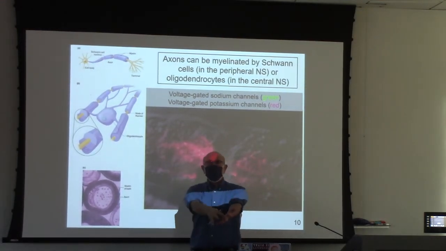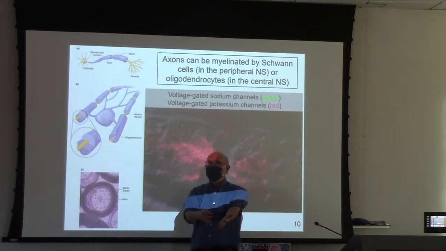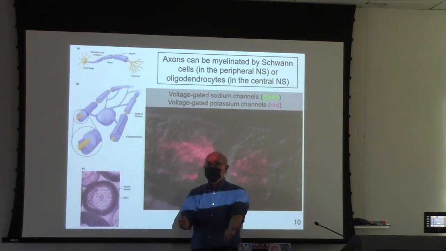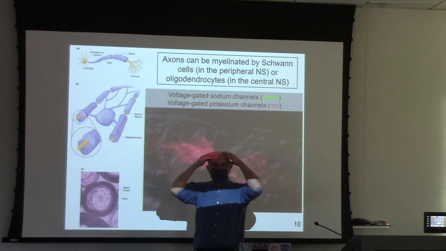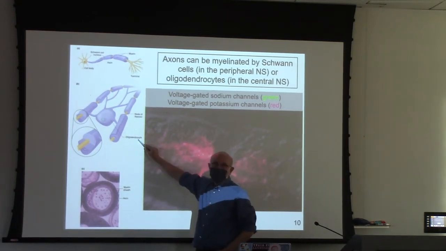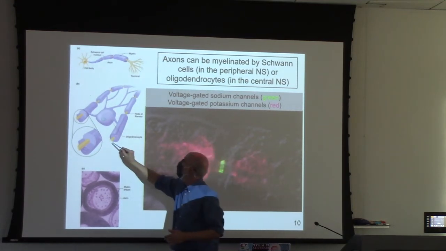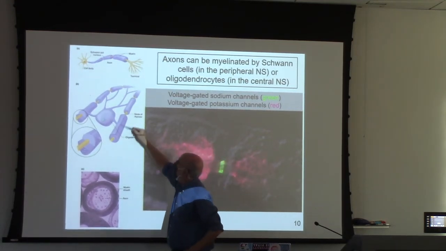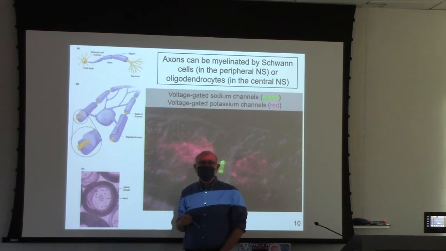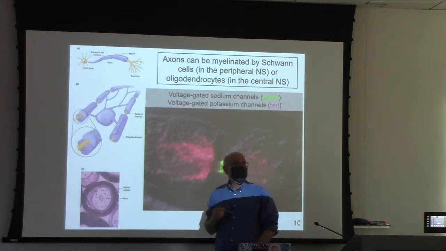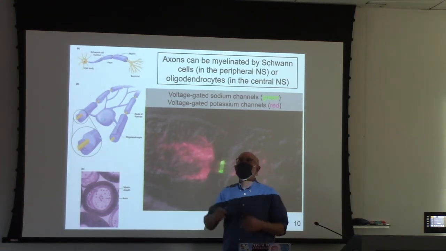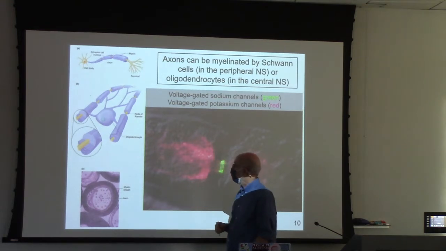In the periphery, in the peripheral nervous system, Schwann cells. In the central nervous system, oligodendrocytes. The function is the same, to wrap axons with myelin and improve signal propagation.